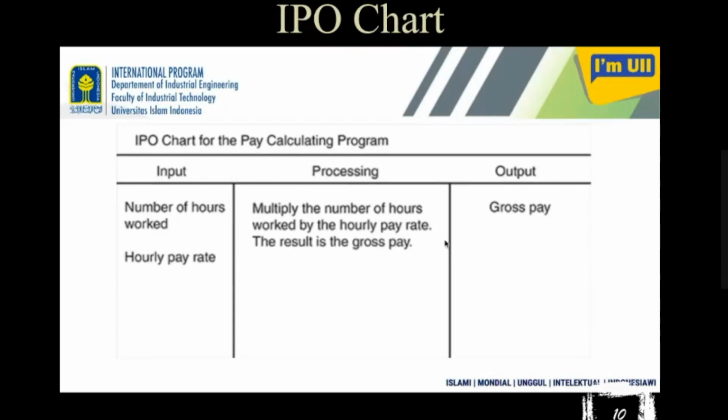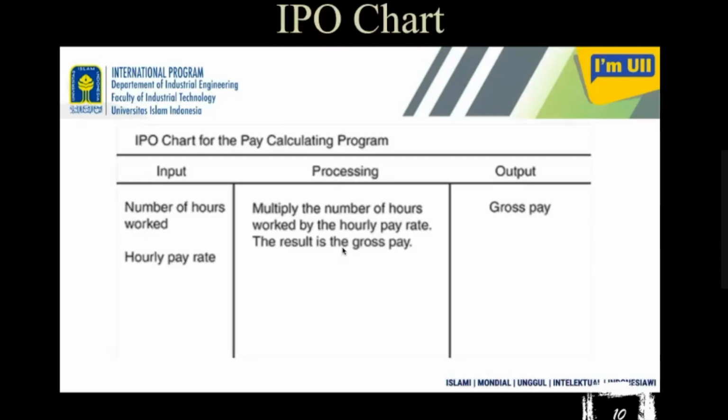All this explanation will be written in here, and that's called an IPO chart. That is the way you can represent your input, processing, and output. Now the input, whatever you need, like here, the number of hours and the hourly pay rate, these are called the data to the program.